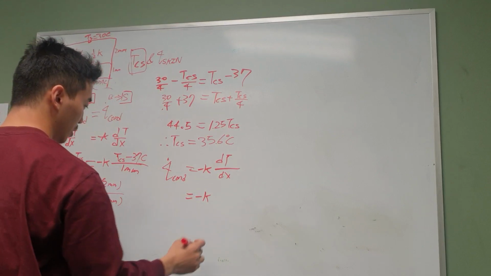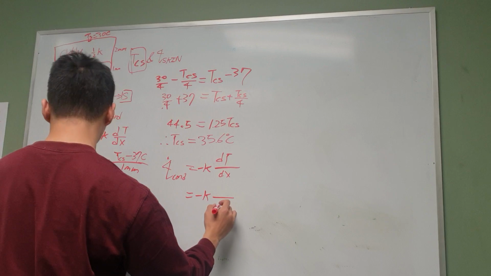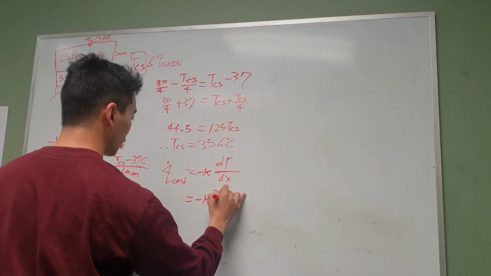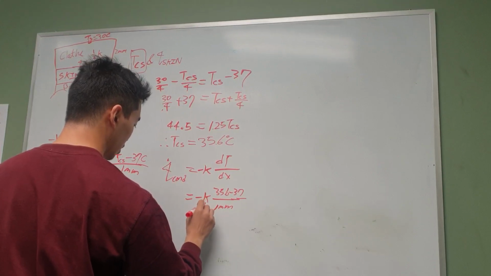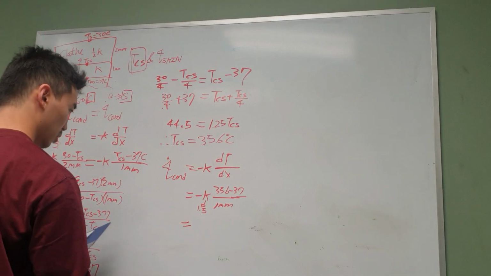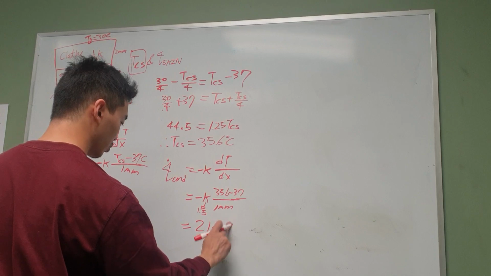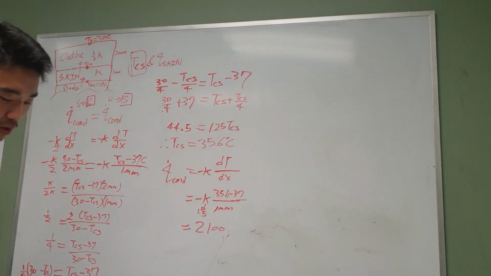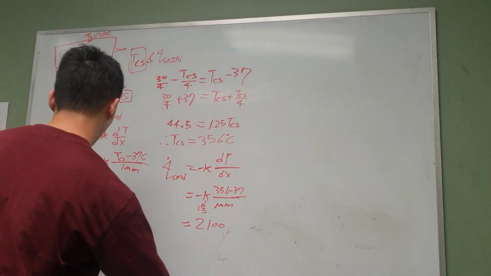Let's do skin. So 1 millimeter, and then 35.6 minus 37. And we know this K is 1.5 as given in the problem. And we should get 2100. So that is the first way to do it.